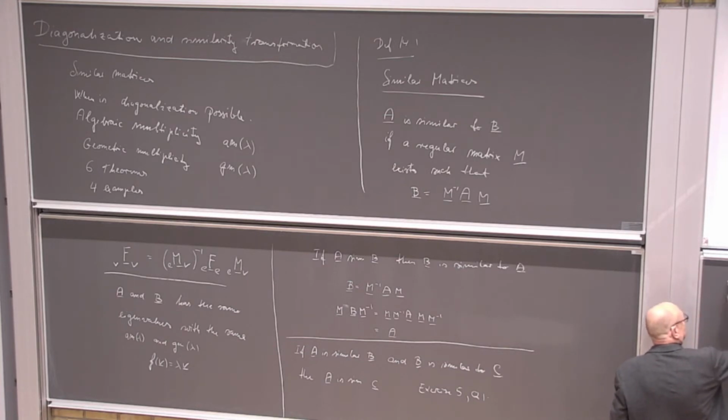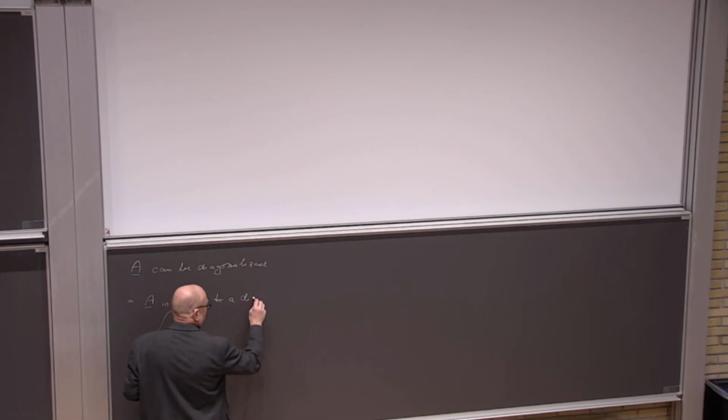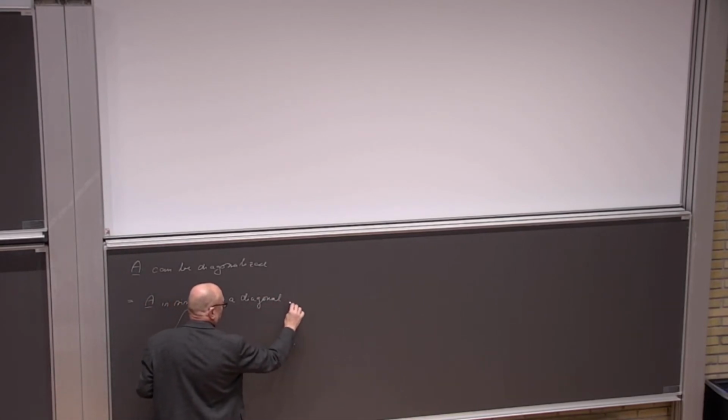Now, A can be diagonalized. And what does that mean? It means that it's the same thing as A is similar to a diagonal matrix.